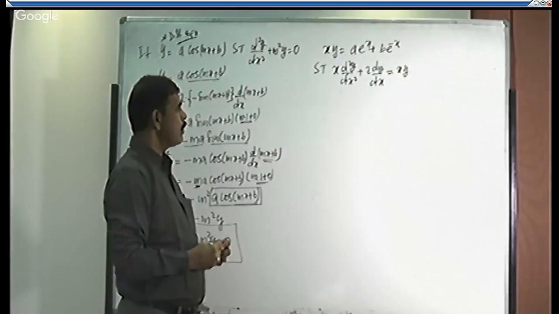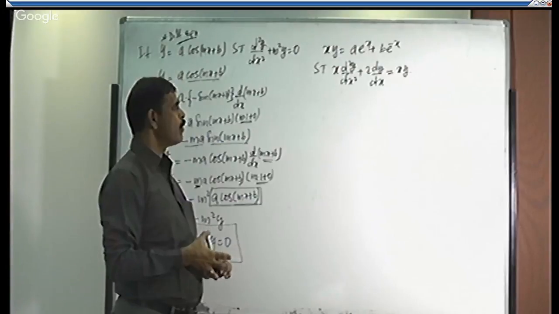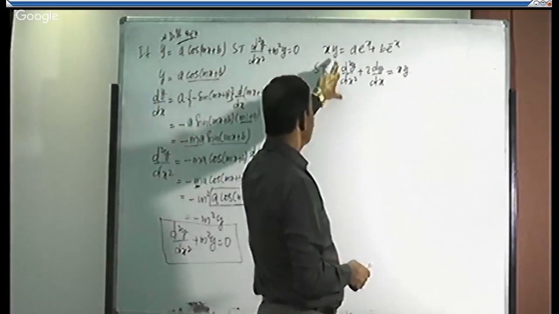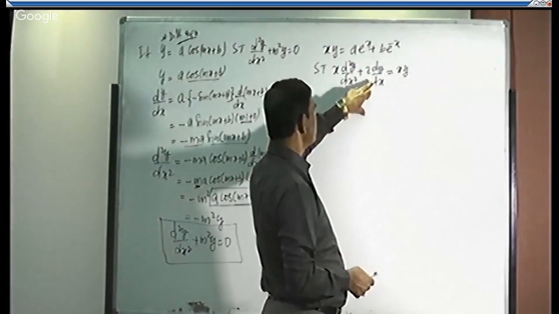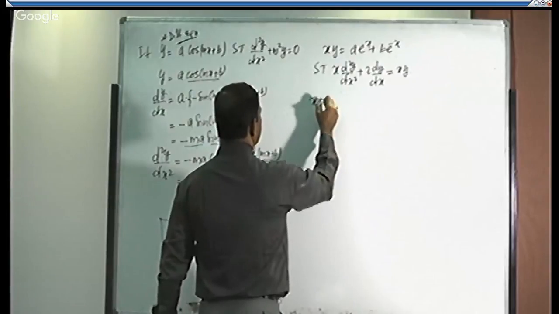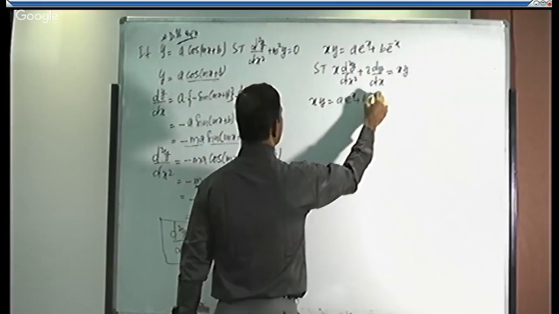So what is given? xy is equal to a e power x plus b e power minus x. With that we have to prove that x d square y by dx square plus 2 dy by dx is equal to xy.